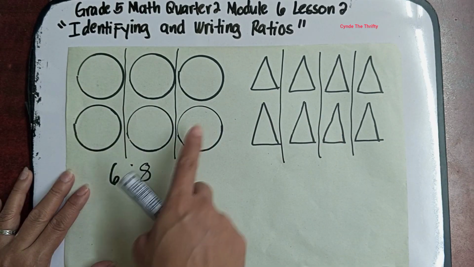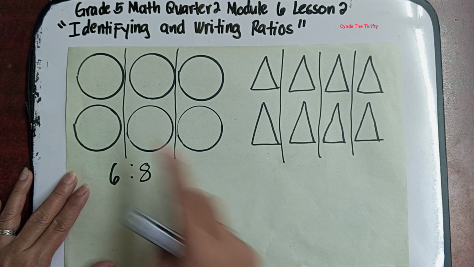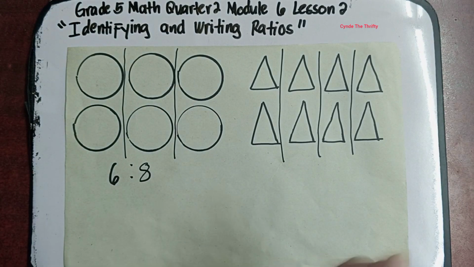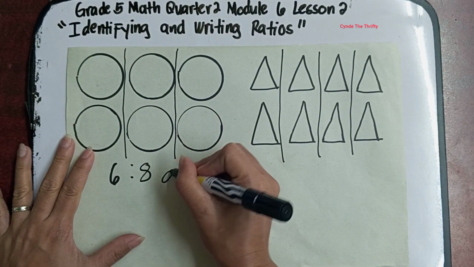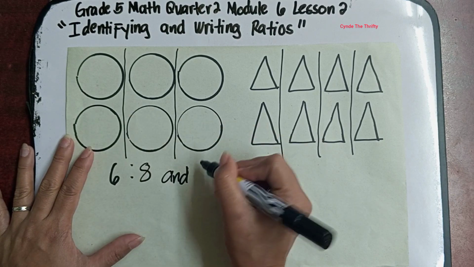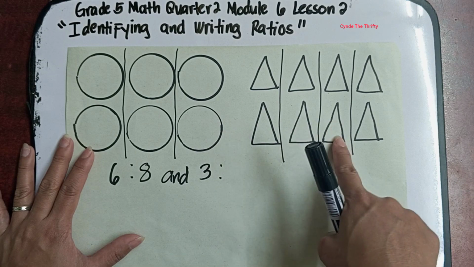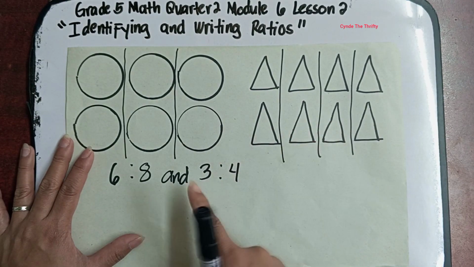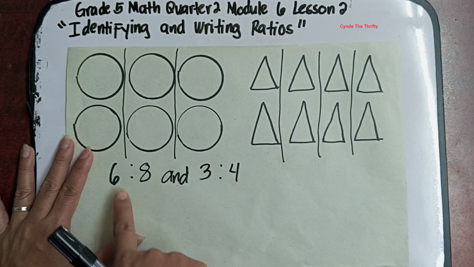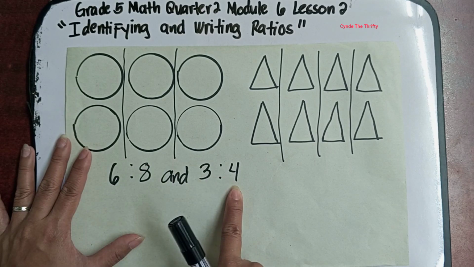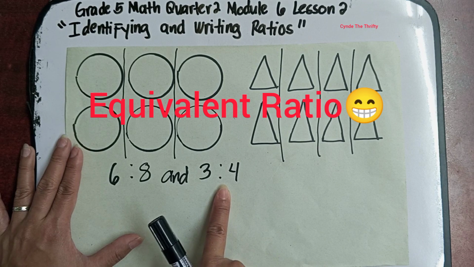So, dito sa circle, ilang tig-dalawa meron tayo? 1, 2, 3. So, pwede natin siyang isulat na 3 is to 1, 2, 3, 4. Okay, 3 is to 4. So, ito yung equivalent fraction ni 6 is to 8. 3 is to 4 ang kanyang equivalent fraction.